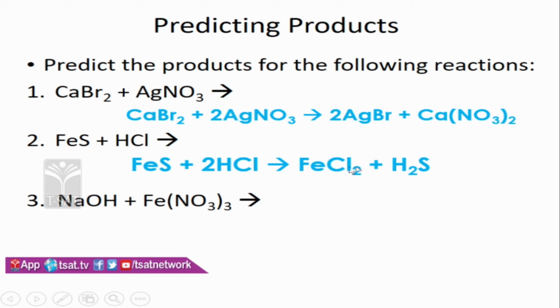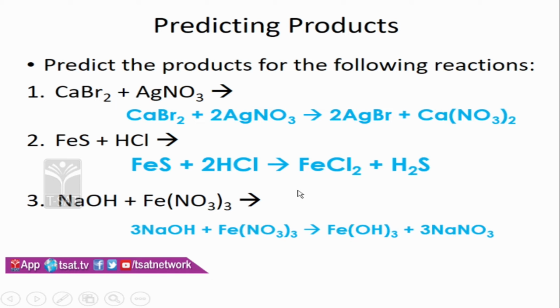Hydrochloric acid converted into H2S gas. Sodium hydroxide: when sodium hydroxide is added to iron nitrate, the nitrate is replaced by hydroxyl ion, OH ion here. OH comes to iron and nitrate goes to sodium. So, both are interchanged.